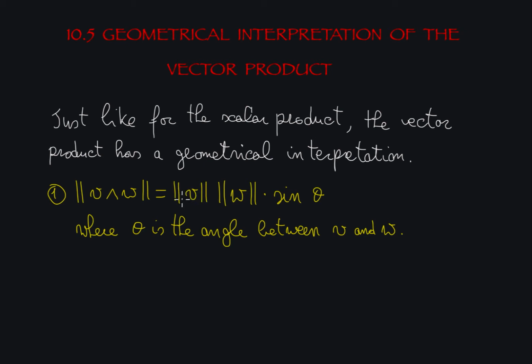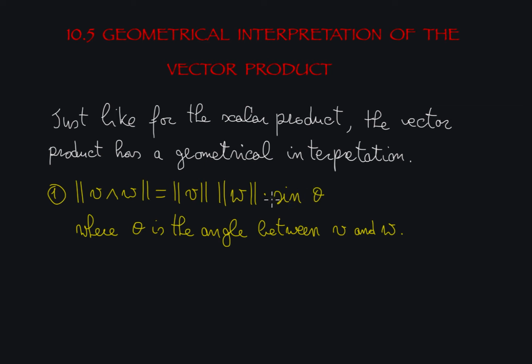So the best way to remember it is to observe the relationship with the similar formula for the scalar product, where in that case, on the left, we actually got a real number, and therefore we had an equality between two real numbers. So scalar product v times w equals the norm of v times the norm of w times the cosine of the angle between the two.